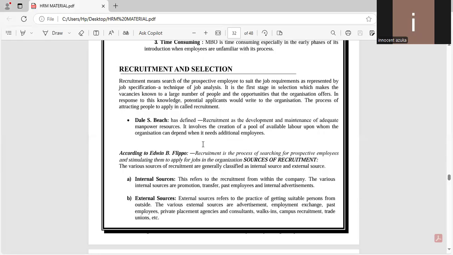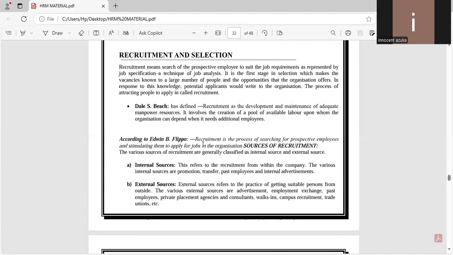Recruitment means searching for prospective employees to suit job requirements as represented by job specification. It is the first stage of selection which makes the vacancies known to a large number of people.